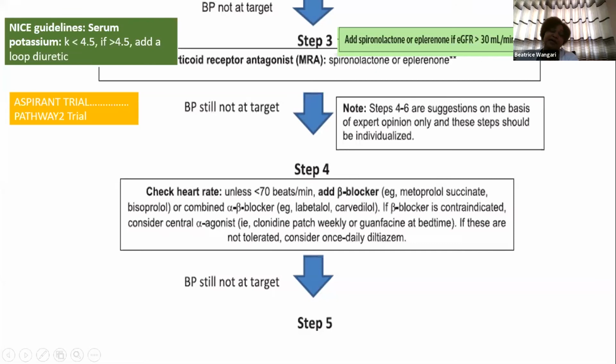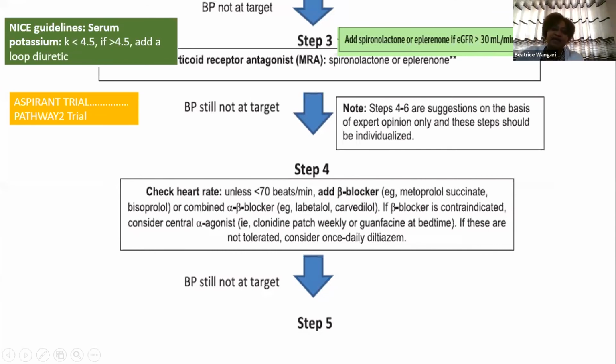In the scientific statement of 2018, the American Heart Association was very clear that the rest of the recommendations from here on are actually guided by expert opinion.